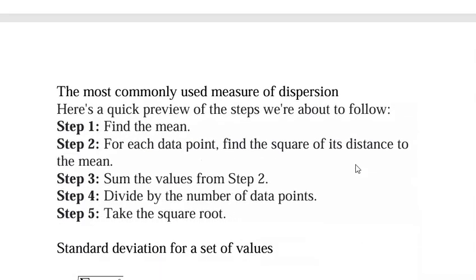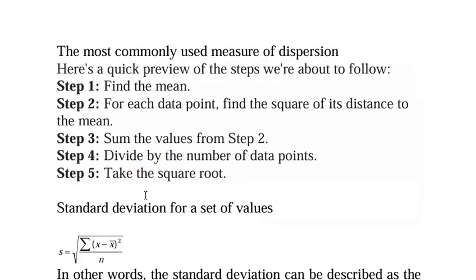Those are the steps. Step 2, for each data point, find the square of its distance to the mean. You square that, and then sum the values of step 2. Divide by the number of data points. I'll show you in the calculations. Then take the square root, and we'll be able to get the standard deviation.